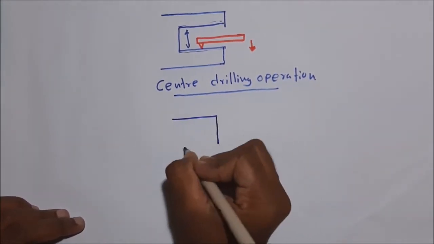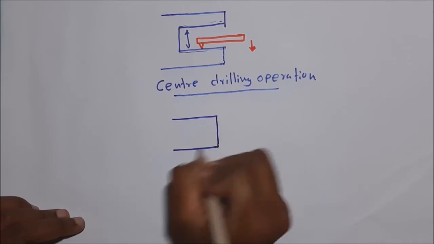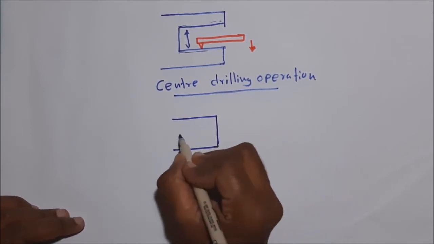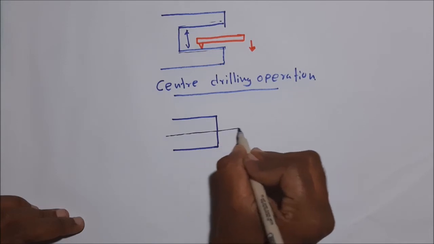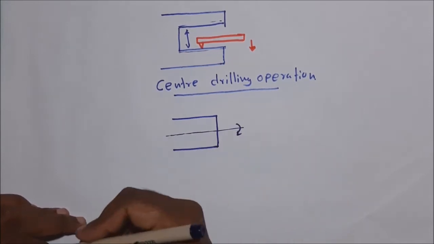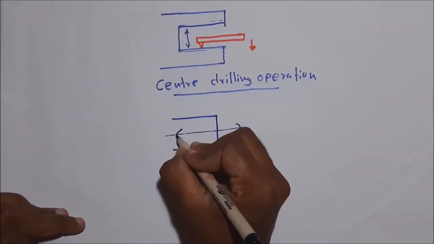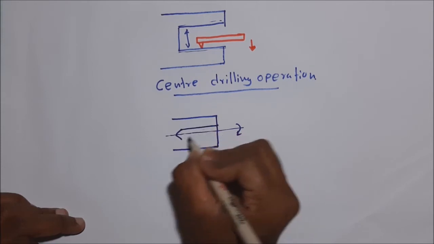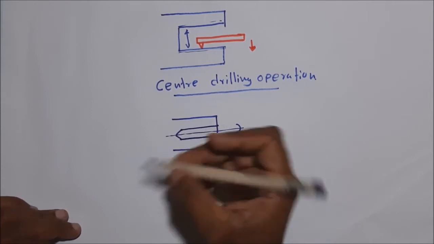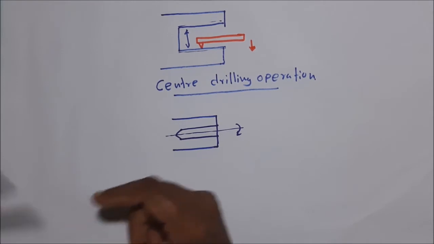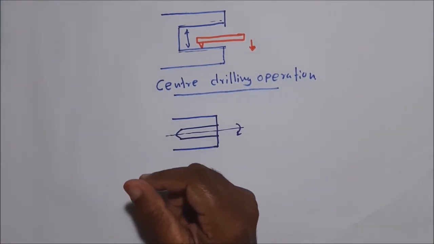This is the workpiece, and this is the rotating axis. To generate the hole along the rotating axis of the lathe workpiece.